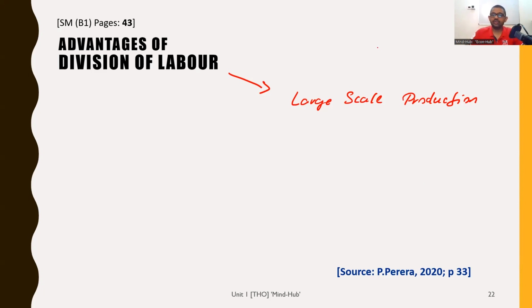Okay. So we use the barter system. Is that clear?